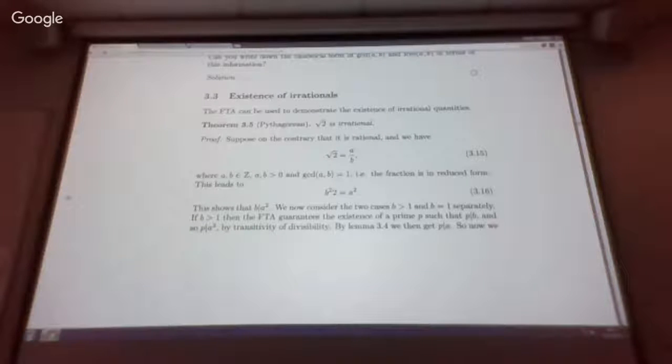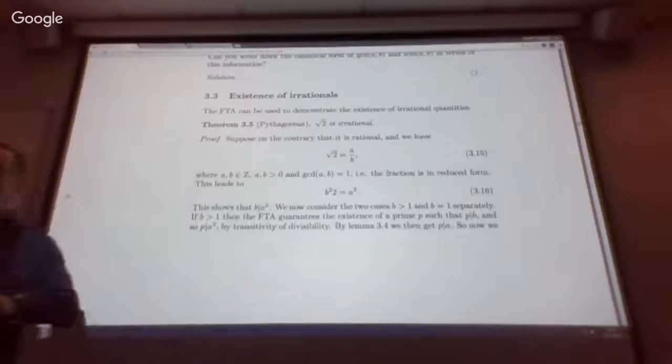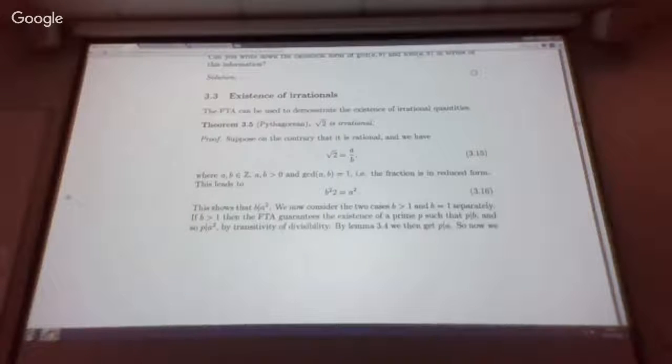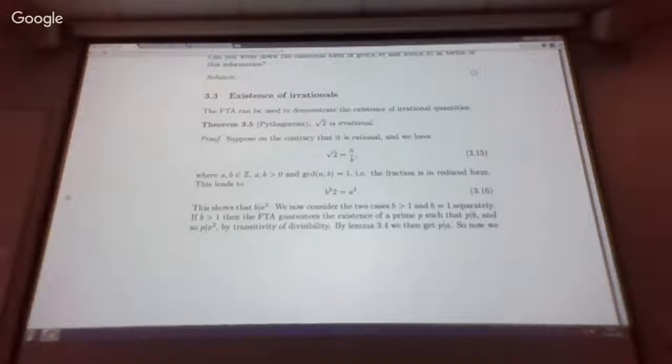We can give a nice argument for this using the language of prime factorizations, and indeed we can generalize it. There's nothing inherently special about 2 really here. We can prove a very similar result about every possible integer that you might take the square root of, or even a higher root as well. So you can imagine ancient mathematicians would have developed some theory of counting numbers, the integers, first of all.